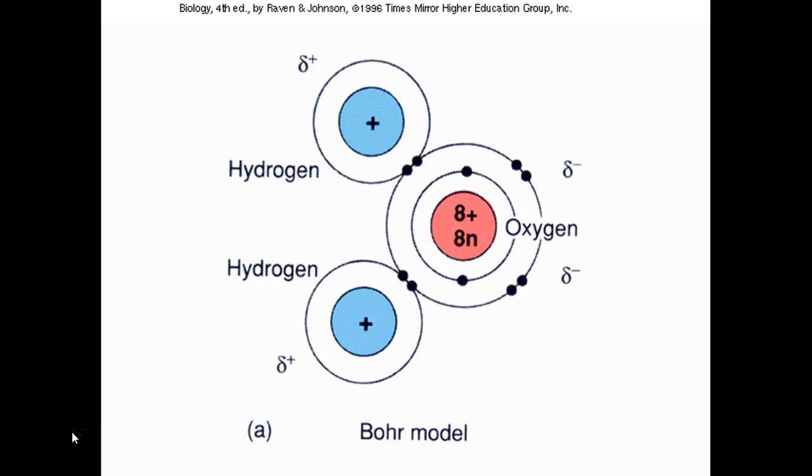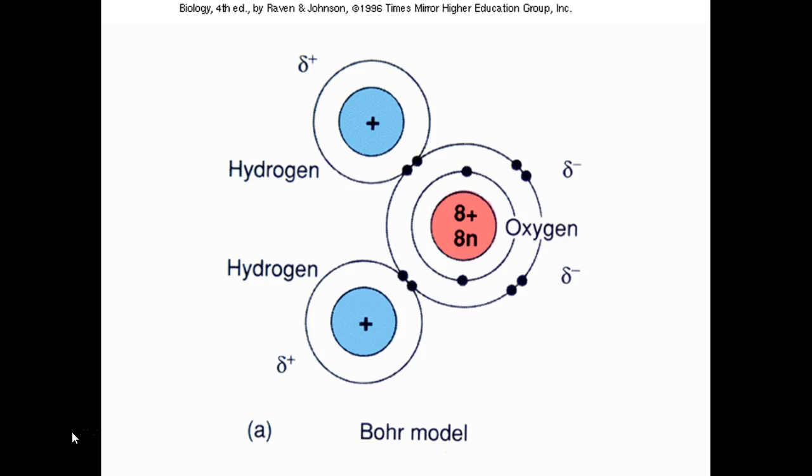So you'll notice on one side, on the oxygen side, we have two of those little deltas with a minus sign next to them. And on the hydrogen side, you'll see lowercase delta with a plus sign behind it. Now, you probably recognize and say, well, that's positive and negative charges.